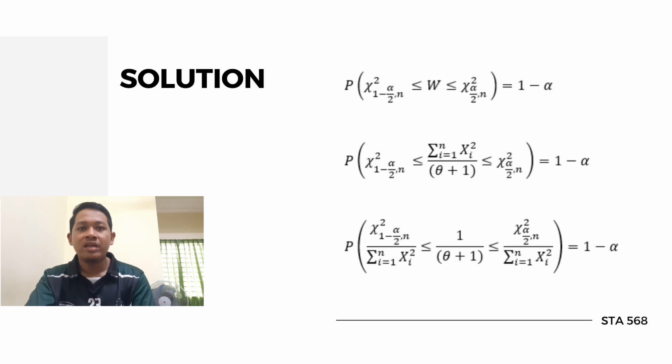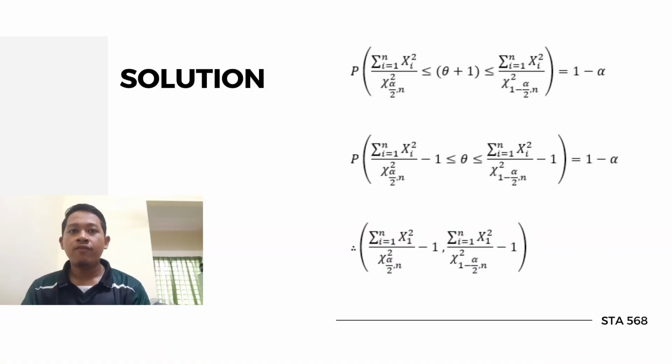Then we change W to the summation of xi square over theta plus 1. Next we divide both sides by summation of xi square. Now we have P, chi-square 1 minus alpha over 2 n over summation of xi square, more than 1 over theta plus 1, less than chi-square alpha over 2 n over summation of xi square, equals 1 minus alpha.